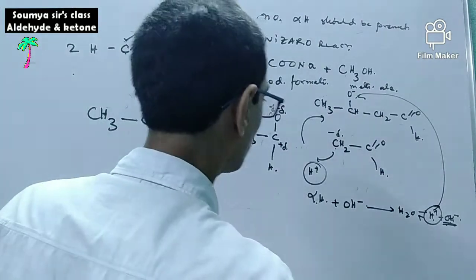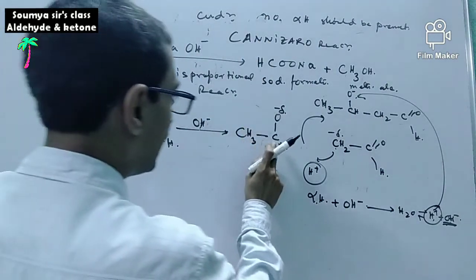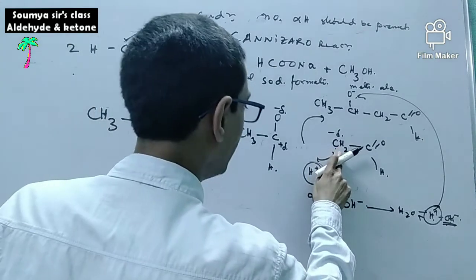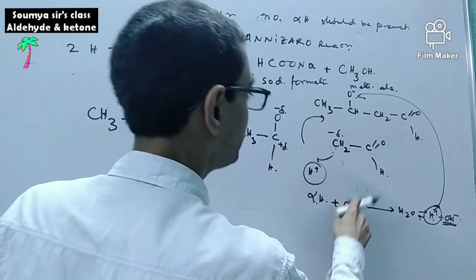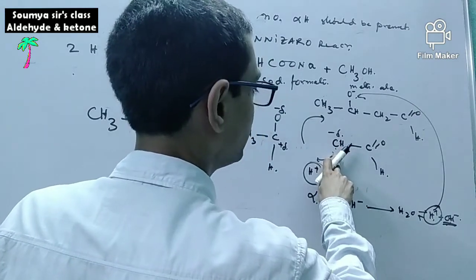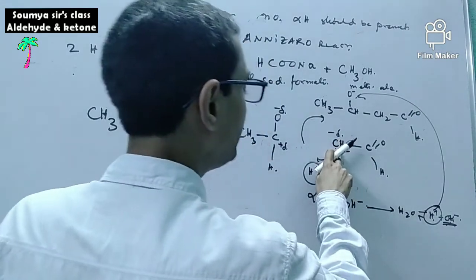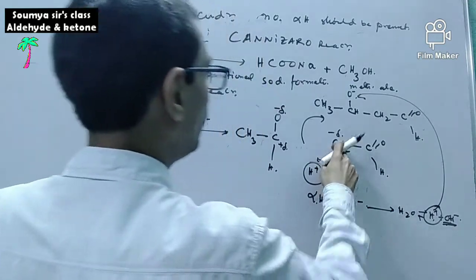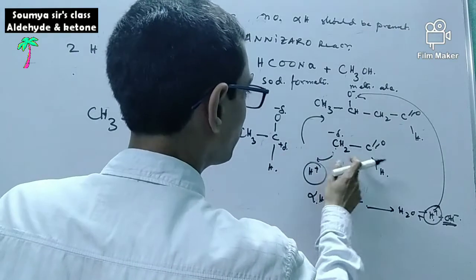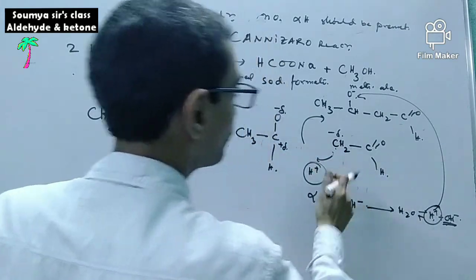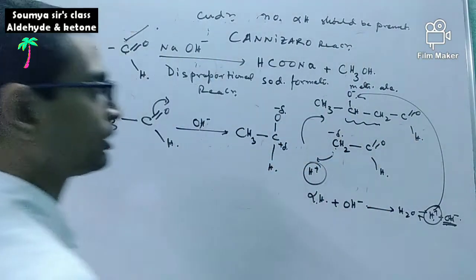So what I have gone through is that the alpha H of one aldehyde is attacked by the OH minus ion, and the remaining carbanion will attack another aldehyde's carbocation by electrostatic force of attraction to form a new carbon-carbon bond. So there is a new carbon-carbon bond.